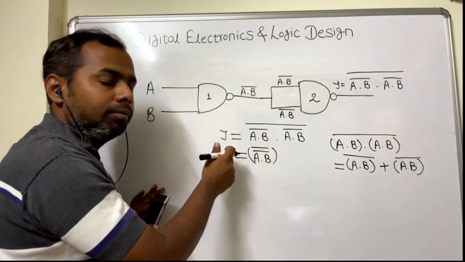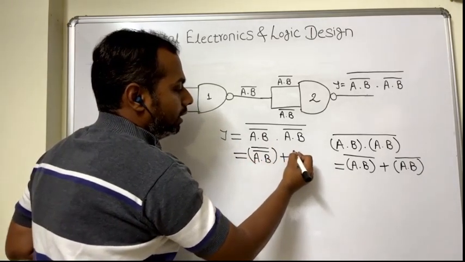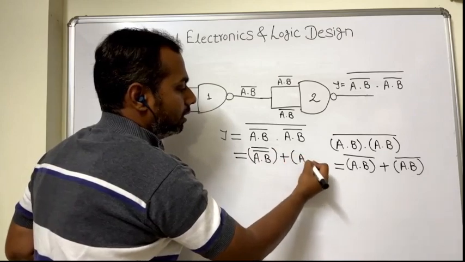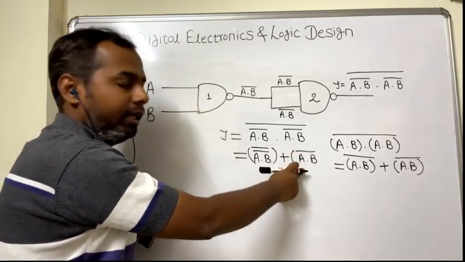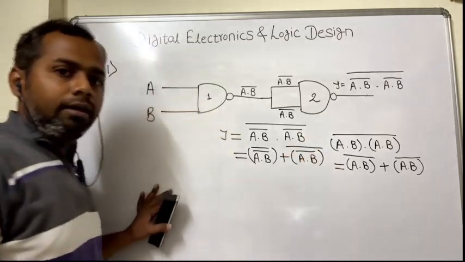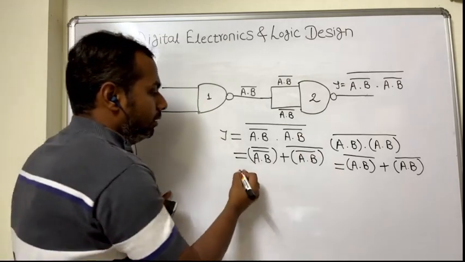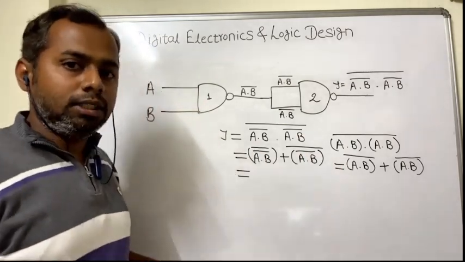So there is a double complement of the same term, and instead of AND we are taking OR. Similarly for the second term, the original second term is (A and B) complement, and according to De Morgan's law, it's a double complement. So again here we will apply one logical theorem.